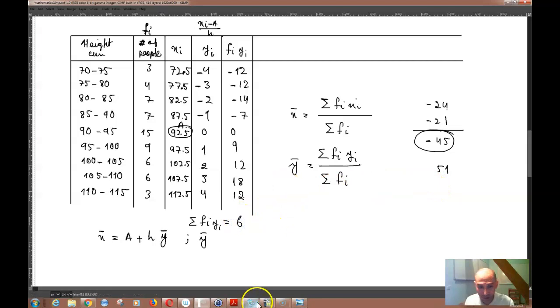Let me use a calculator to check this. That's 12 plus 9 minus 7 minus 14 minus 12 minus 12, which is equal to 6. So sigma f of i y of i is equal to 6.